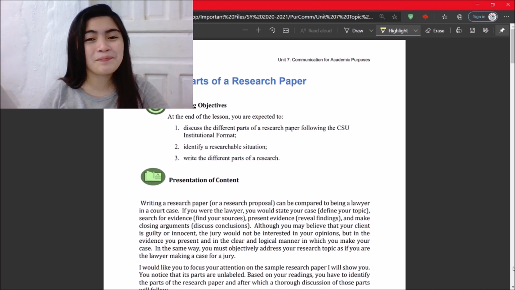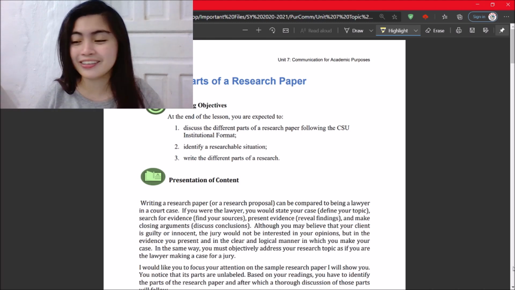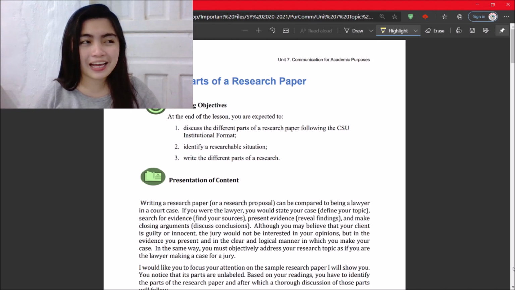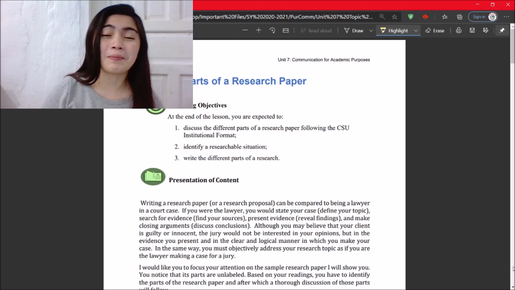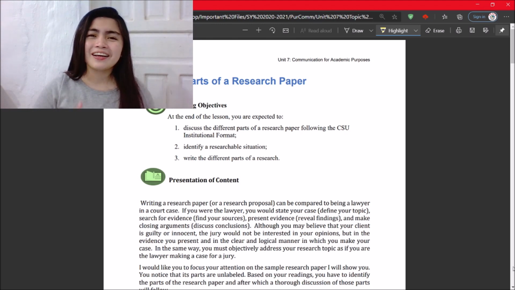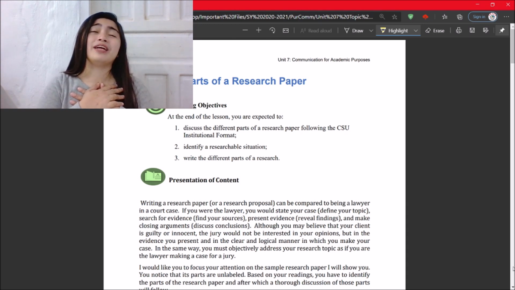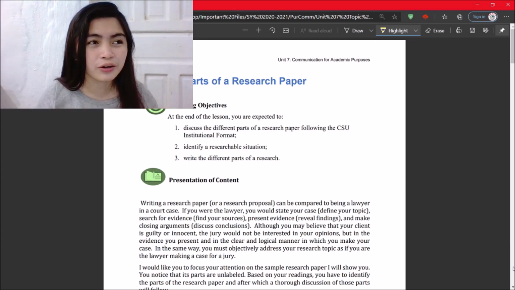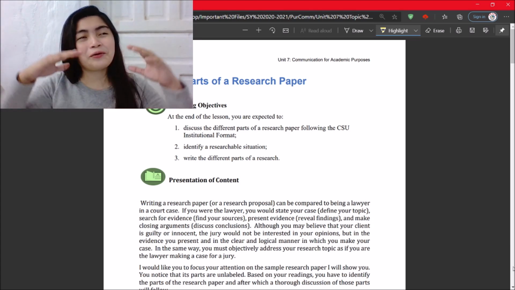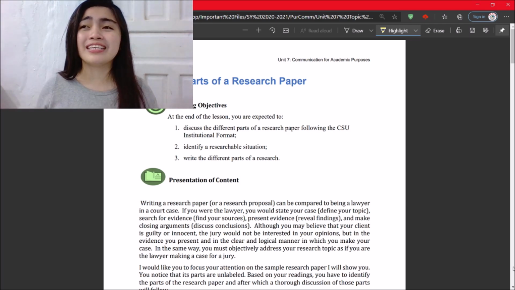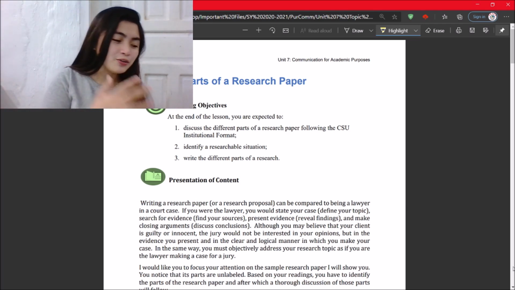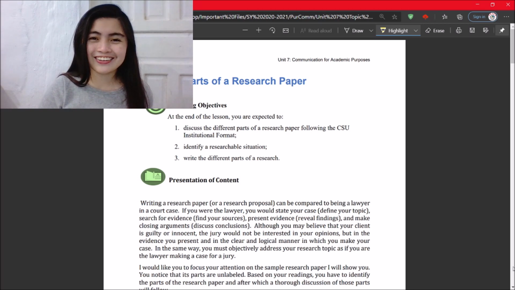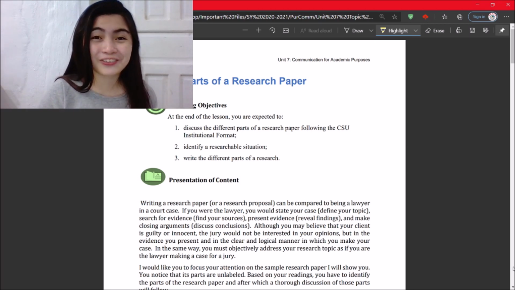Noong una, mahirap, pero, ayan, patapos na tayo, and next week, ipapakita ko na yung grades nyo, and I'm just really, really proud na nakita ko kayo kung paano kayo nag-grow. Kahit hindi ko kayo personally nakikita, but nakikita ko yung pagsusumikap nyo, yung evolution ng essays nyo, yung evolution ng mga scores nyo.